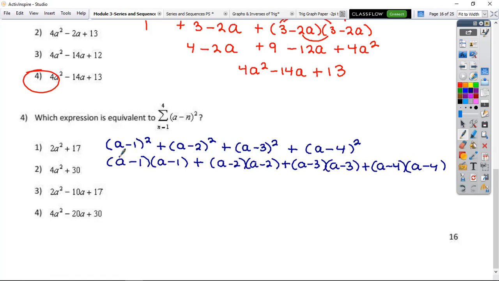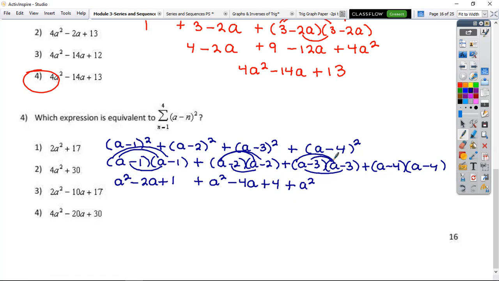So ready? A times a is a squared. Minus 1a is minus 2a plus 1. Next binomial. A times a is a squared. Minus 2a is minus 4a. Negative 2 and negative 2 is positive 4. Next, a times a is a squared.